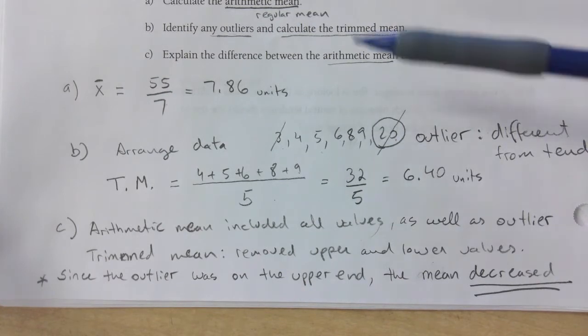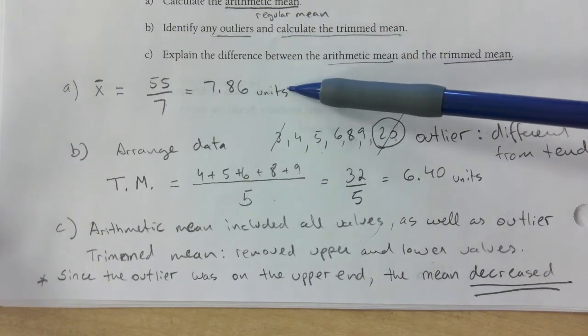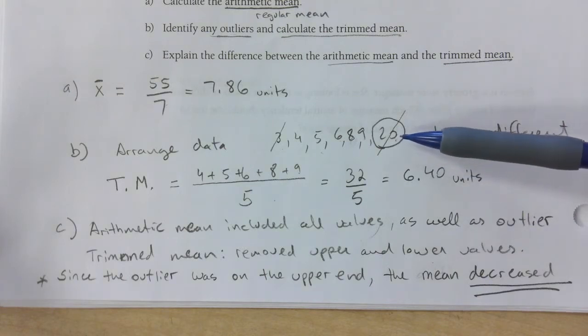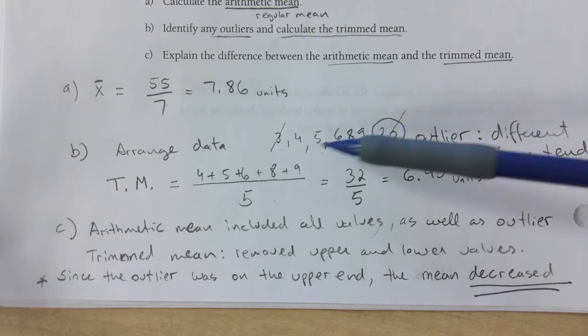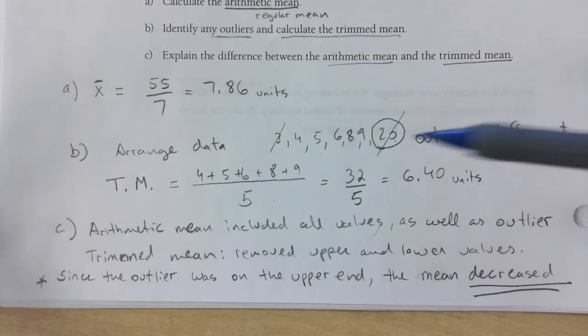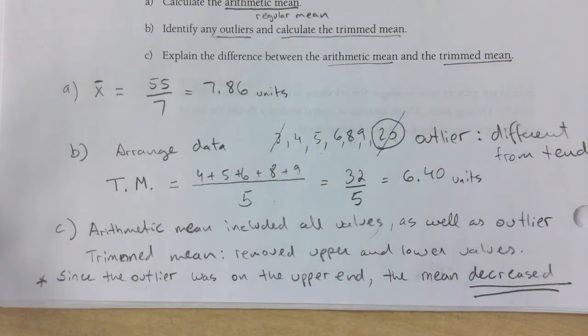And just to prove my point, right, we had 7.86 earlier. When we trimmed it, what happened to our mean? We went down. So it's almost like a tug of war, right? You're pulling and you've got a big heavy champion on this side pulling you up, right? If you lose that guy or the lady, it's going to pull back to the other side, right?